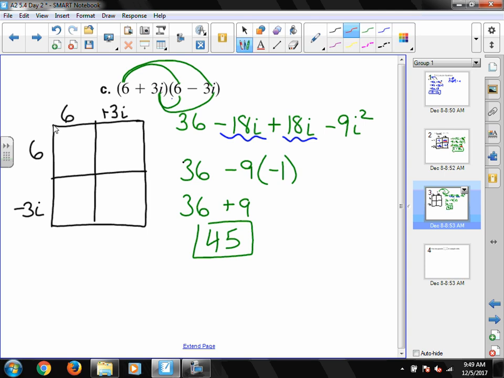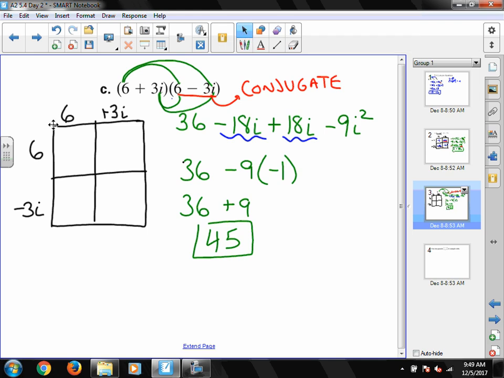So this is what is called a conjugate. And all it is, is that the signs in the middle are opposites. The reason we do that is so that when we multiply those together, we get a fully real number, in this case, that 45.